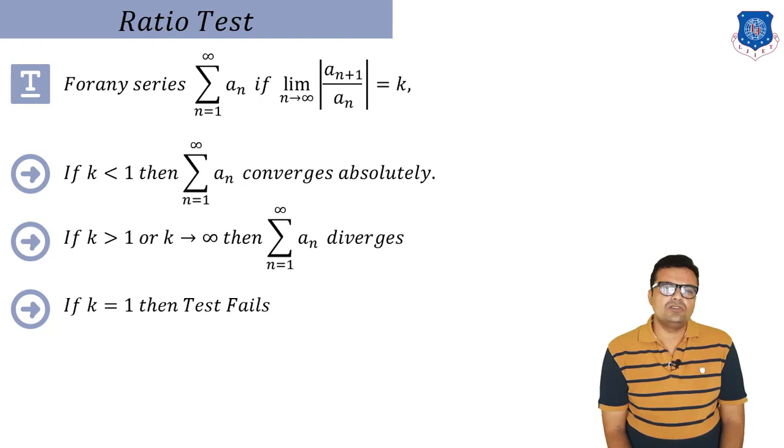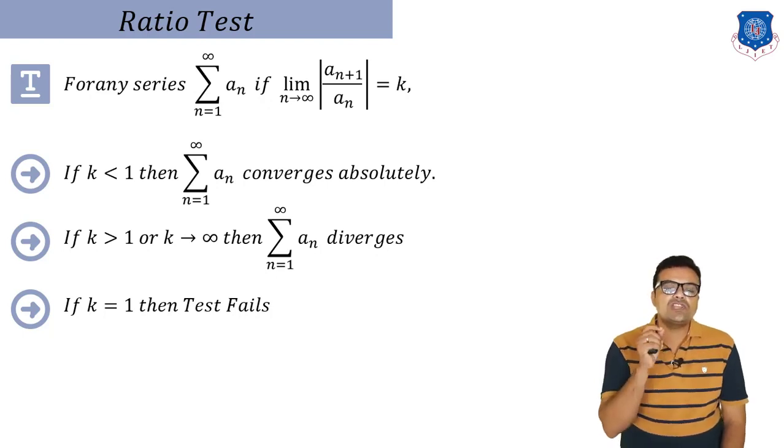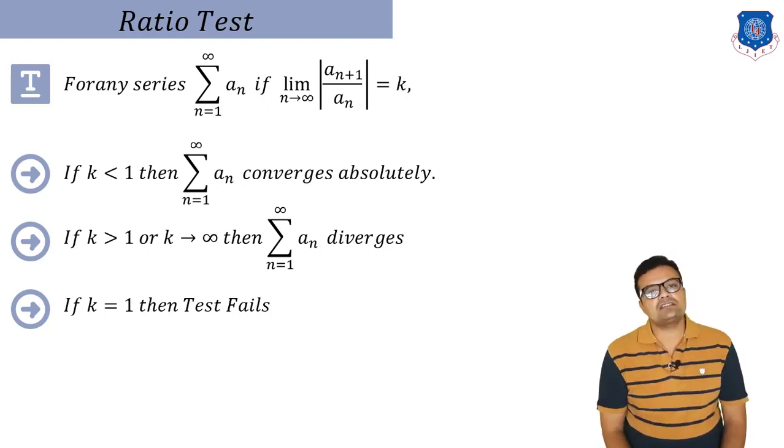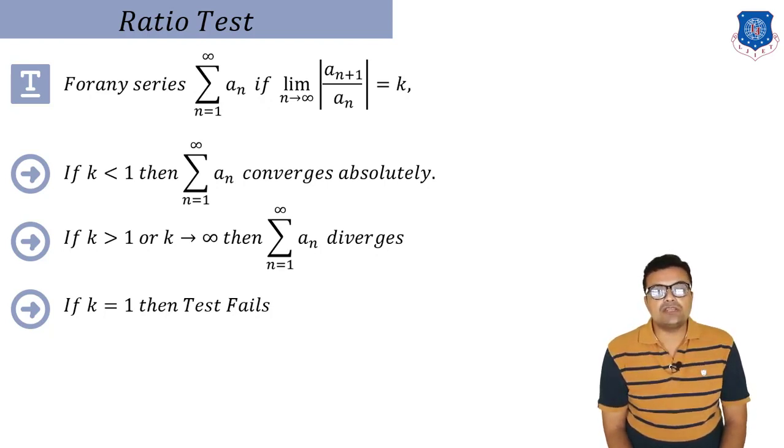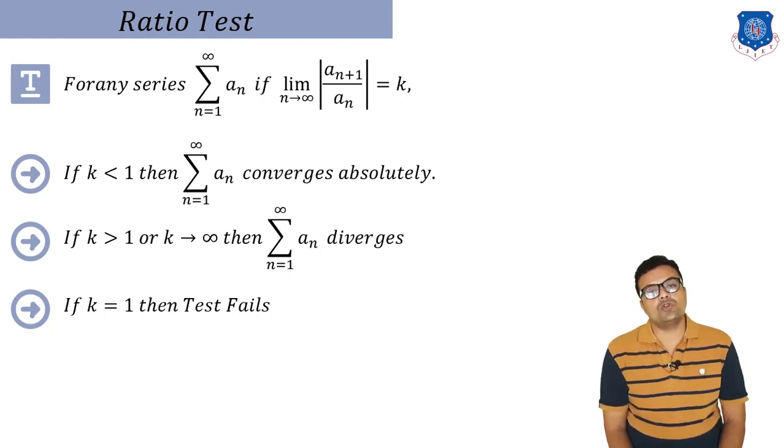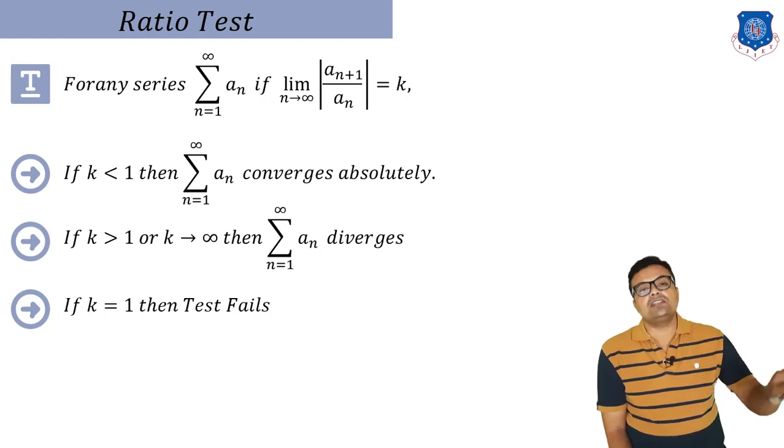Now let us look inside this first condition. What do we mean by value of k less than 1? If the value of k is less than 1, and I consider the condition for this ratio test, which is limit n tends to infinity of |a_(n+1) / a_n| equal to k, I can separate those magnitudes. So it is |a_(n+1)| equal to k times |a_n| at n tending to infinity.